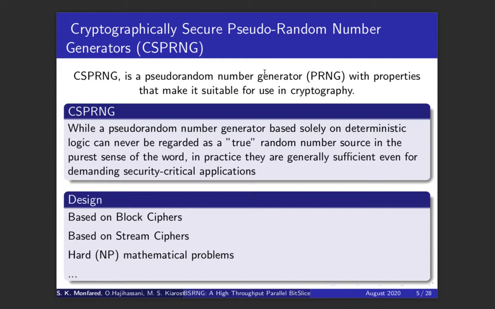But in many applications, including demanding security-critical applications, it is often sufficient to use a CSPRNG or PRNG. The design of these CSPRNGs is really straightforward: you use block ciphers, stream ciphers, or hard mathematical problems, such as NP problems, as the backbone of a CSPRNG.